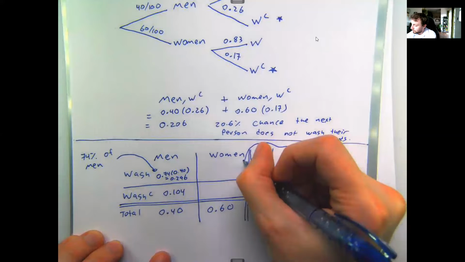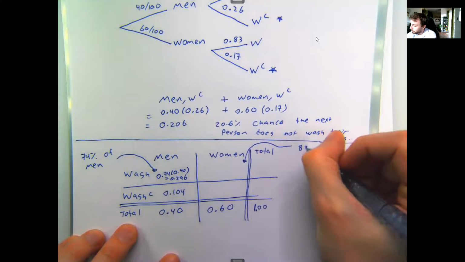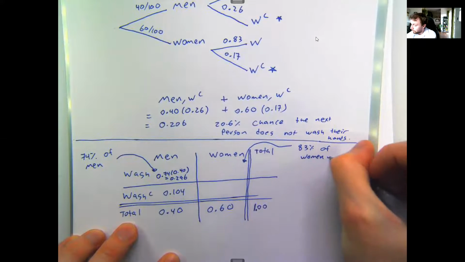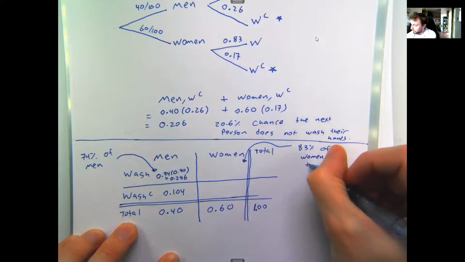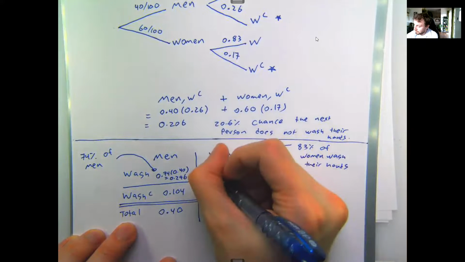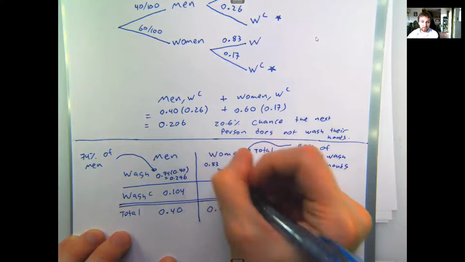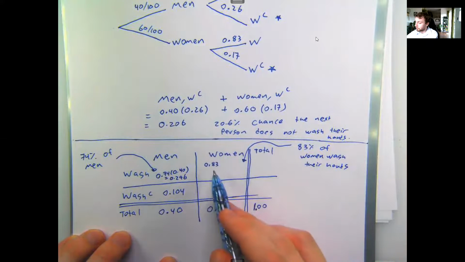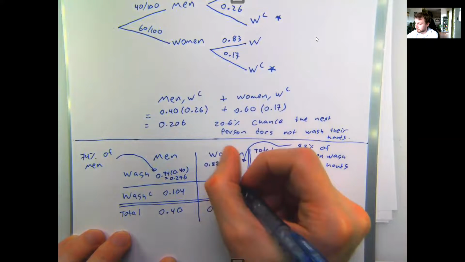For women, 83% of women wash their hands. So this is not 83% total for both out of everyone. It's 83% of the 60.